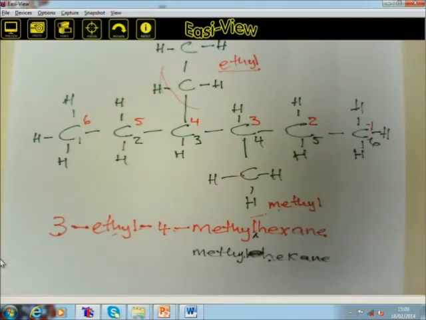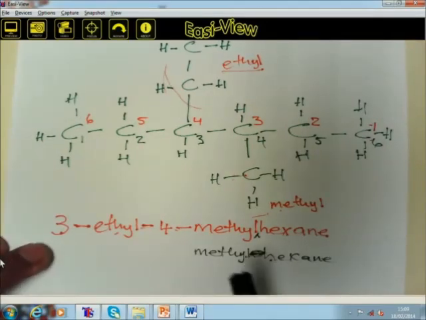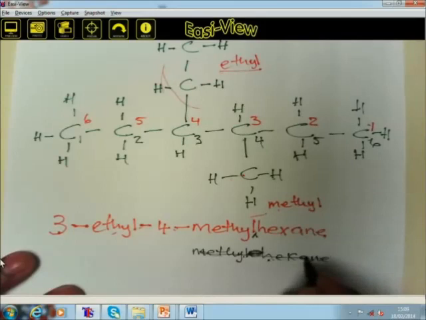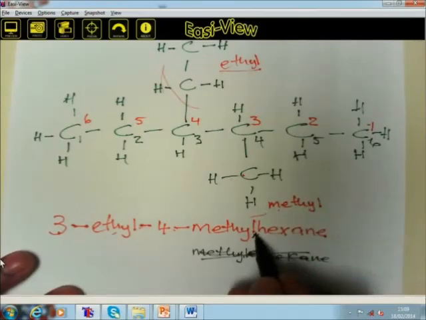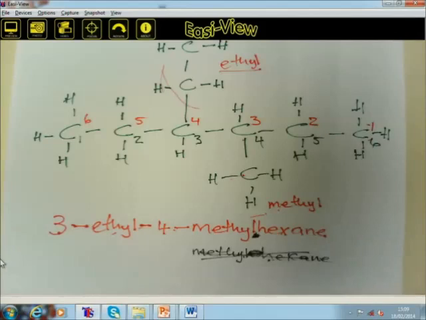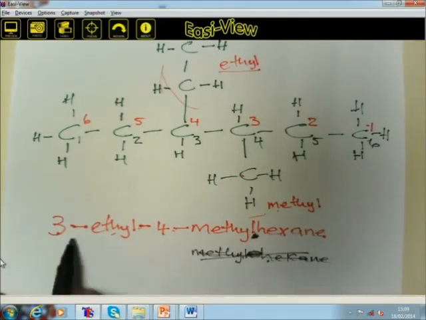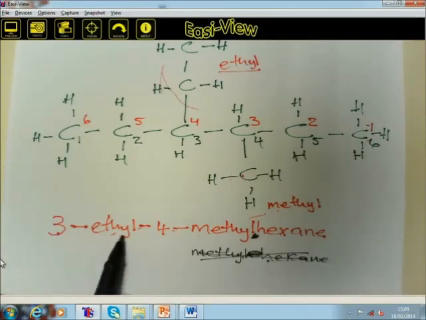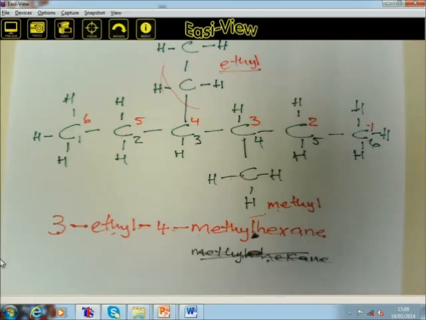Because what we have realized is when you are marked at the end of the year, you get penalized for this. So please don't write it this way, it's wrong, but make sure that there's no space in between the name of the compound. It is just one name. All right? So the name of this one will be 3-ethyl-4-methylhexane. So that is the name of our compound.